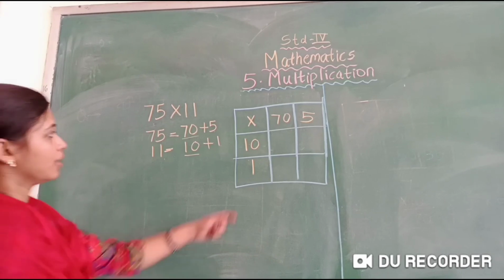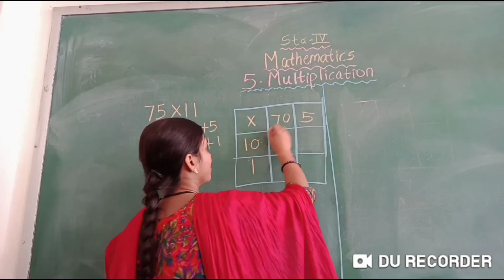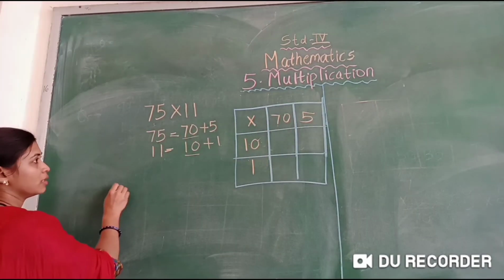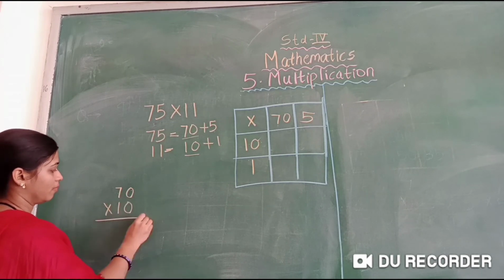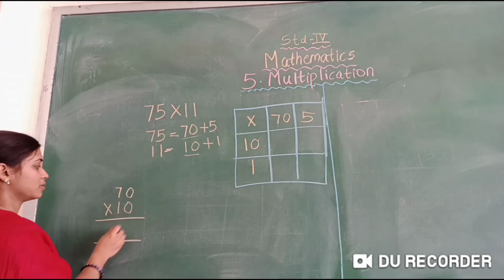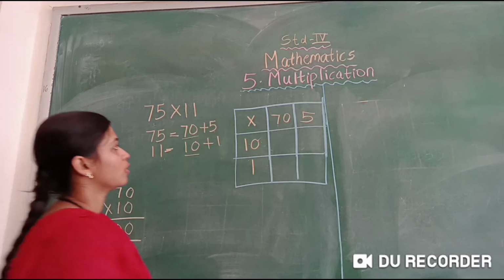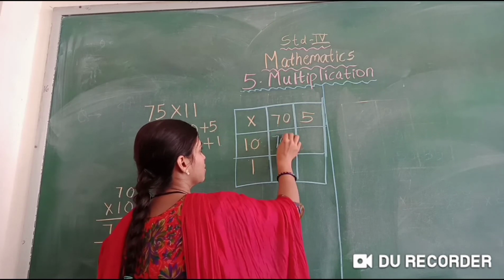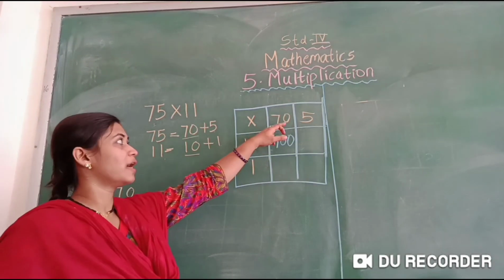Now 10 multiplied by 70. First we have to multiply 10 by 70. What is the answer here? 70 multiplied by 10 is 700. First we have multiplied 10 by the first number.